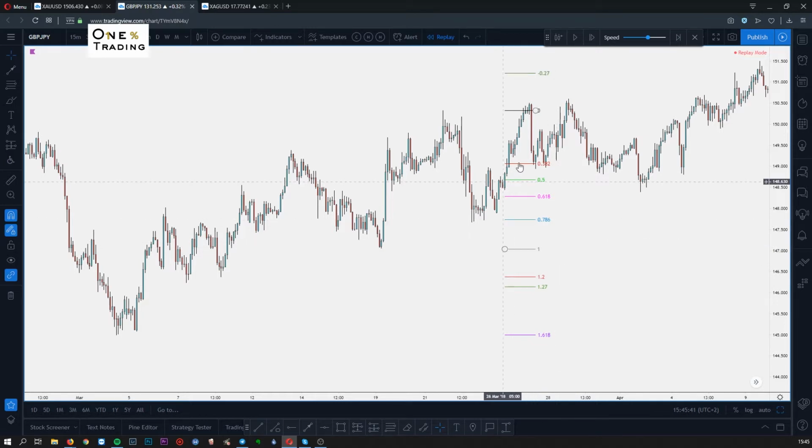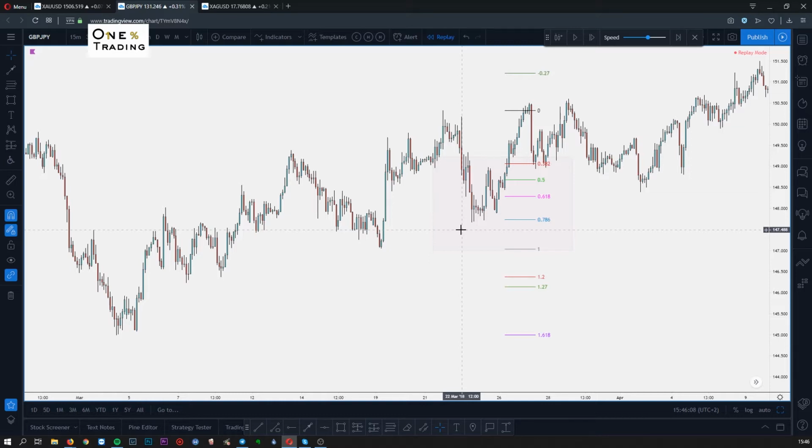So all of this area, and of course these are only the most common fib levels, but you could also have some other fib levels. So all of this area is what people would call confluence. Well, but does that really help you with anything?